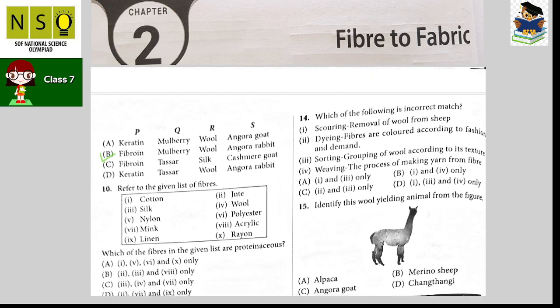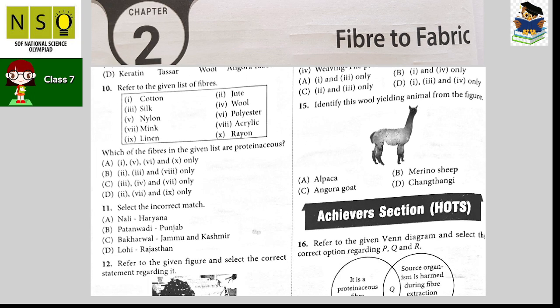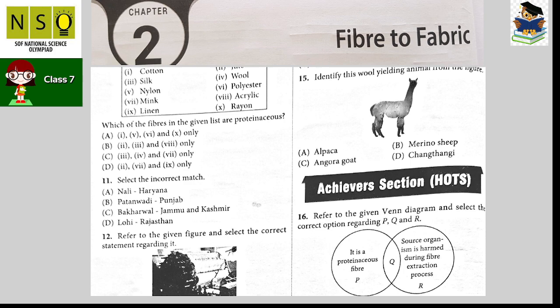I hope you are understanding these questions, and that these explanations are helping you understand the questions easily. Now the 10th question says, refer to the given list of fibers. They have given a list of 10 fibers: cotton, silk, nylon, mink, linen, jute, wool, polyester, acrylic, and rayon. The question is, which of the fibers in the given list are proteinaceous? In this question we find that option C is the correct answer.